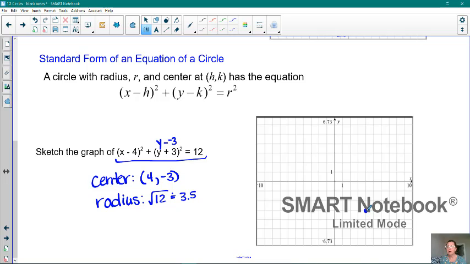And from here, we'll count up 1, 2, 3.5, right 1, 2, 3.5, down 1, 2, 3.5, and left 1, 2, 3.5. And we will do our best to sketch in a circle. That one is better.